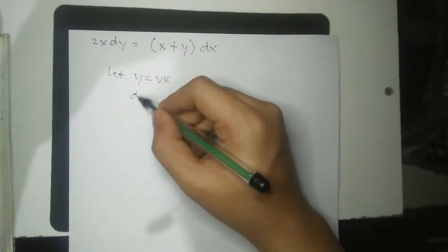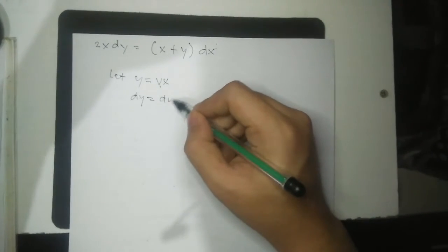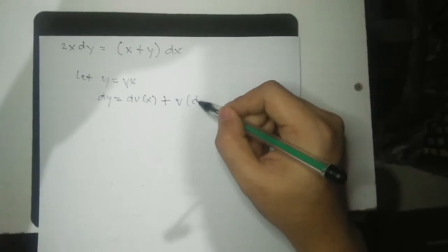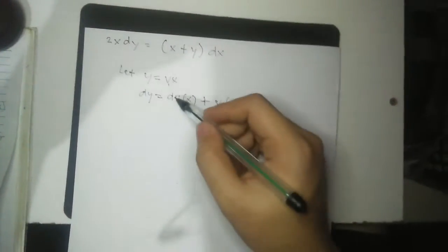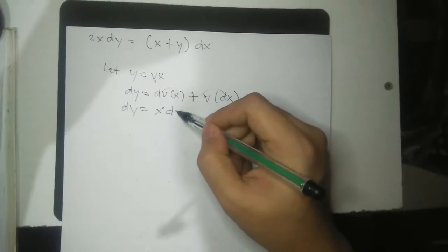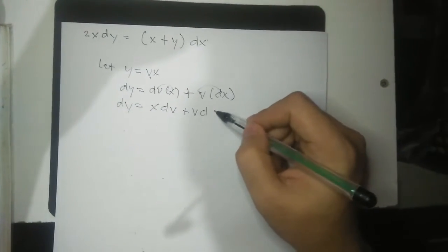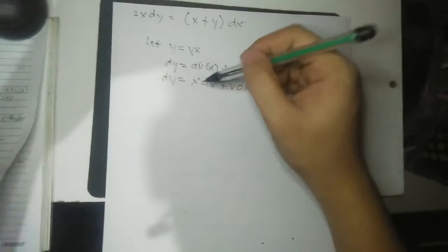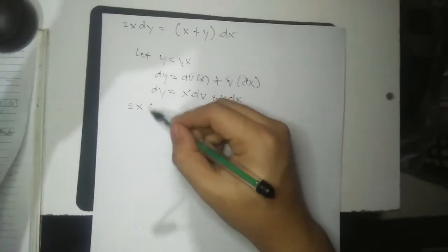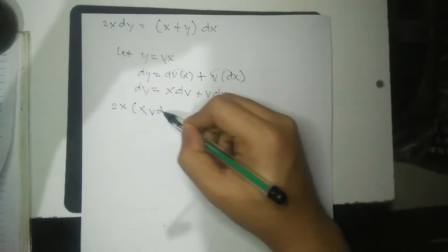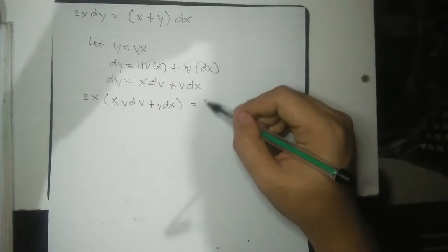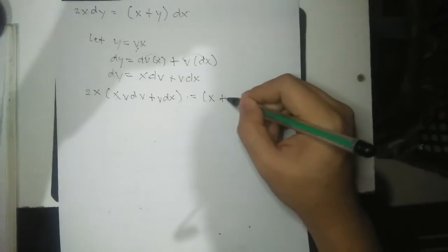Then the derivative dy equals x dv plus v dx. Substituting them, we put them in order: 2x times (x dv plus v dx) equals x plus y, where y equals vx, times dx.